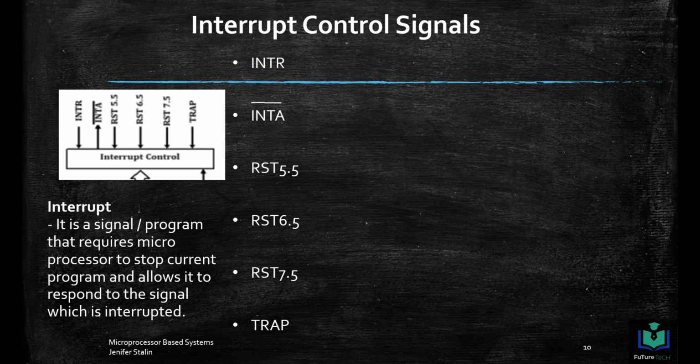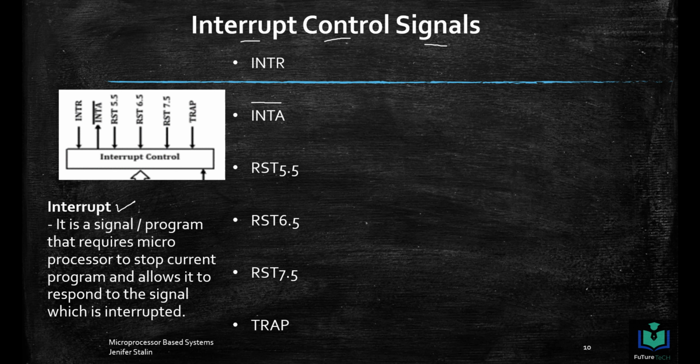Next, we are going to see about interrupt control signals. Before we go for interrupt control signals, we should get an idea about what this interrupt is. An interrupt can be a signal or a piece of program that requires the attention of the microprocessor.